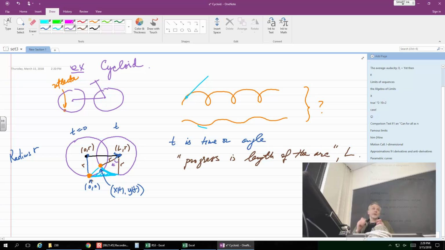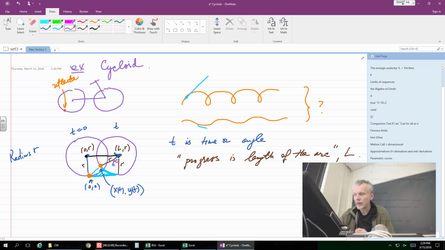The circle is moving forward by rolling, and as it rolls, it rotates. The angle it has rotated through is t, and that's exactly how much that radius from the center to our reflector has turned.